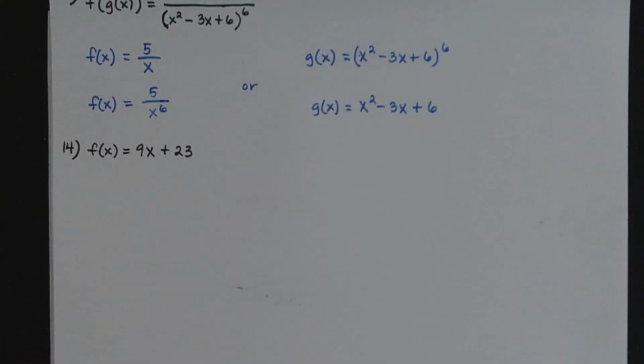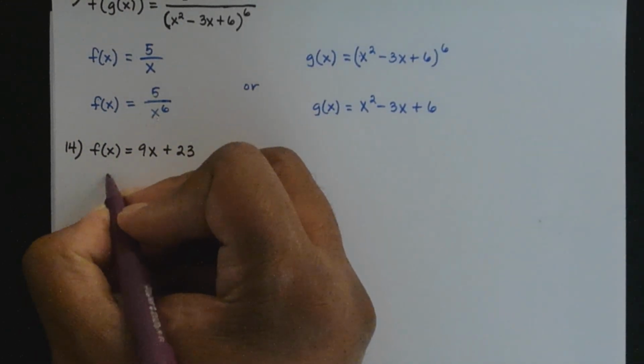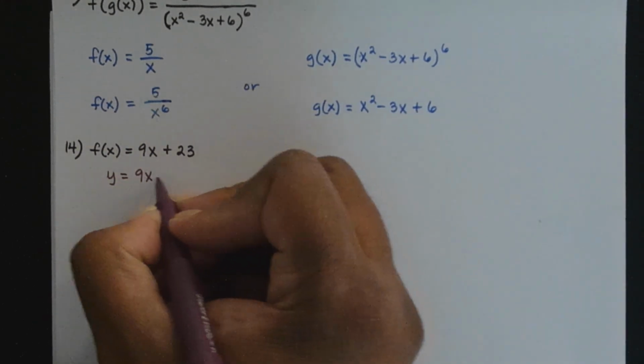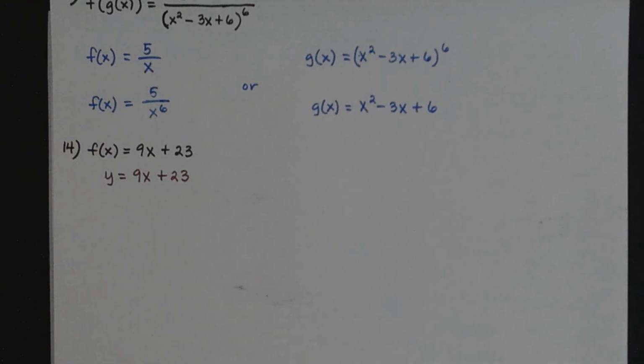And by the way, that function is already 1-to-1. So from here, we can go ahead and use that 4-step procedure. First of all, we substitute our f of x notation with y. So here we got y is equal to 9x plus 23. Now we interchange x and y. That's going to be step number 2.